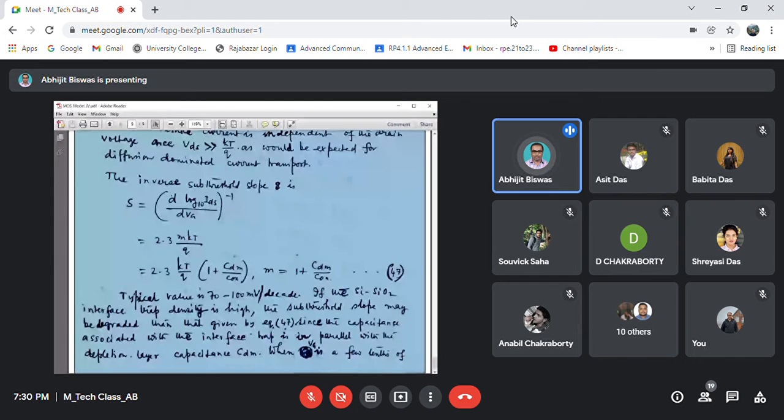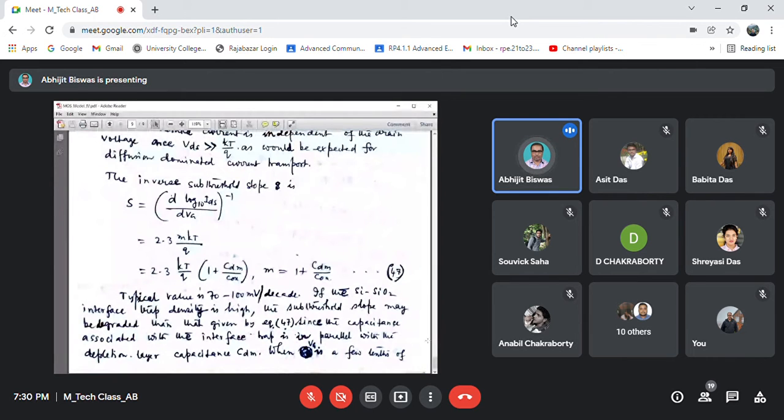So if this silicon dioxide interface trap charge density is high, this subthreshold slope is even higher. Higher subthreshold swing means more degradation.